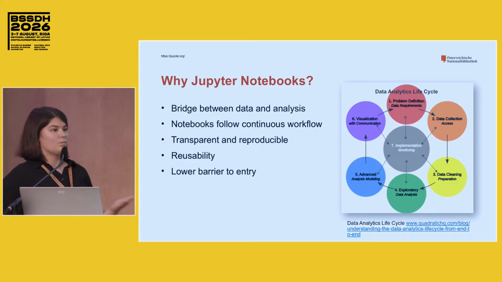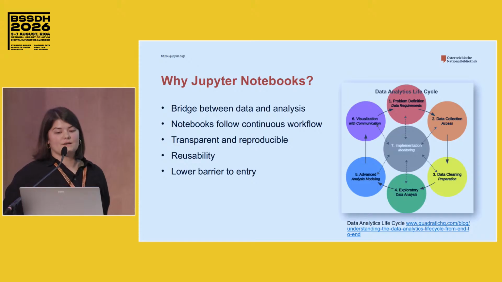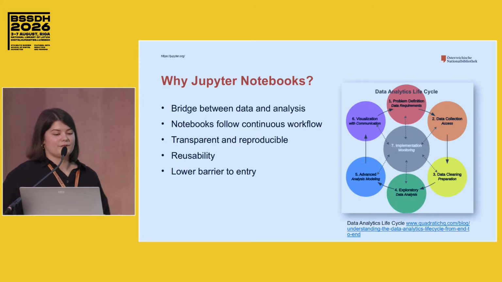You can just see what it does. There's no hidden code or anything. So that is also a really good low barrier to enter. And also a big advantage is most of the time no software setup is needed because you can run it in the browser, for example in Google Colab, so you don't need to download any other software.